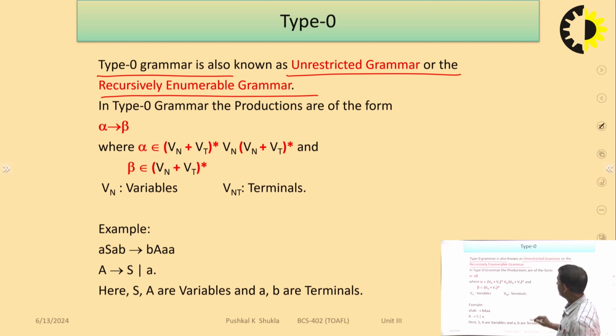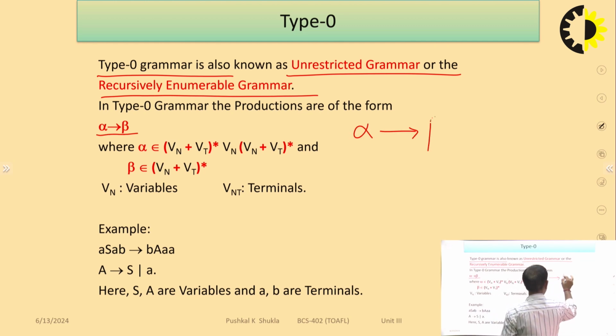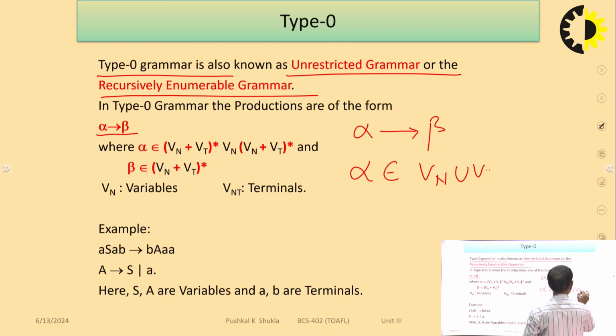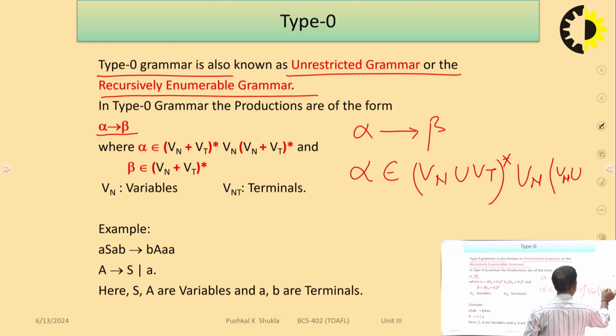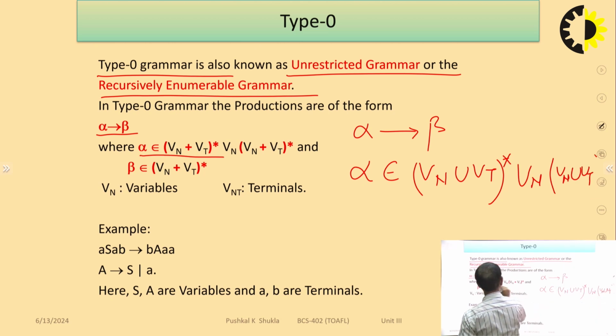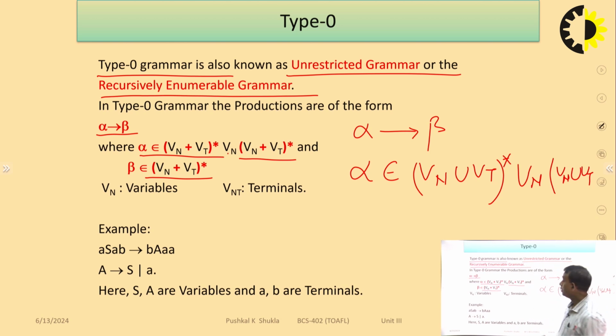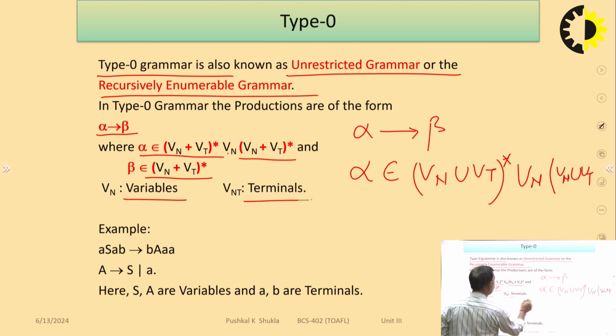In this type of grammar, the production is of the form alpha to beta, where alpha is an element of (Vn union Vt)* Vn (Vn union Vt)*, and beta is an element of (Vn union Vt)*, where Vn is the set of non-terminals or variables and Vt is the set of terminals.